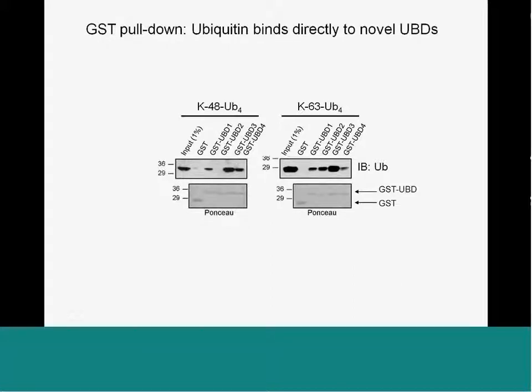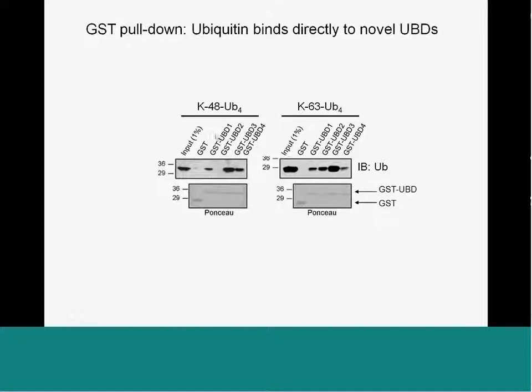And we've incubated them with either K48 linked chains, and these are tetra ubiquitins, so 4 ubiquitin molecules linked through K48 or K63. And what we find, again, this is a simple pull-down assay, incubated for about 1 hour, and then eluted proteins are resolved by SDS-PAGE and immunoblotted for ubiquitin.